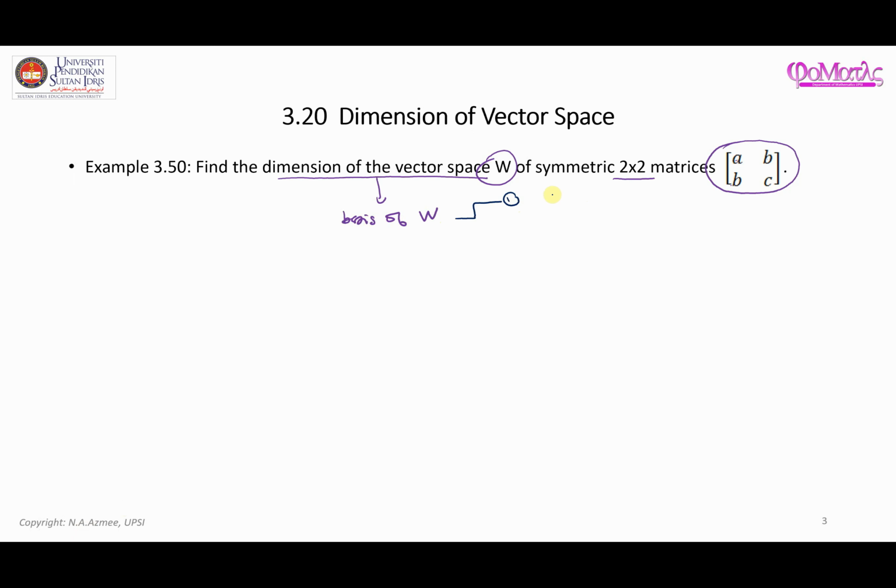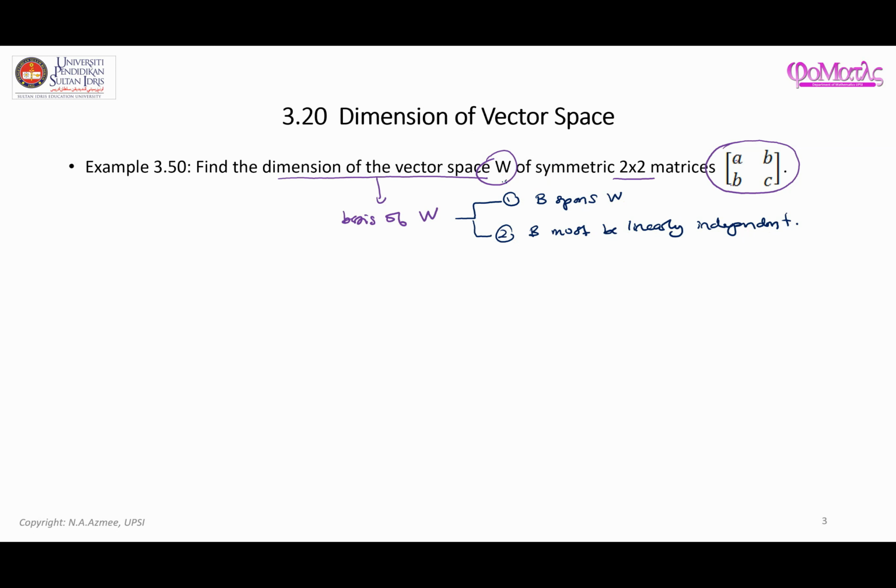The first one is that the basis spans the vector space. So B spans the vector space, and our vector space here is W. That's the first condition. The second condition is B must be linearly independent.